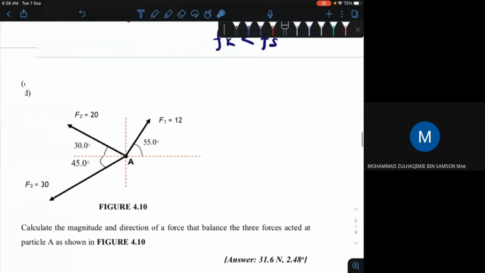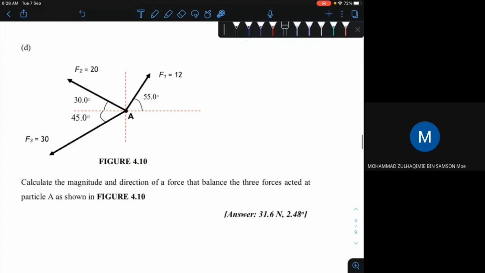Okay, and then ini soalan dari mana pula? Di soalan 6D. Kamu ada tanya soalan 6D tak? Soalan 3, 5, 6 ada.